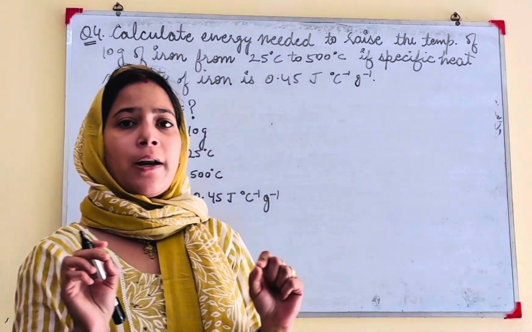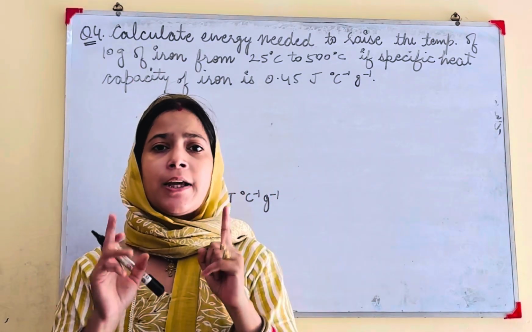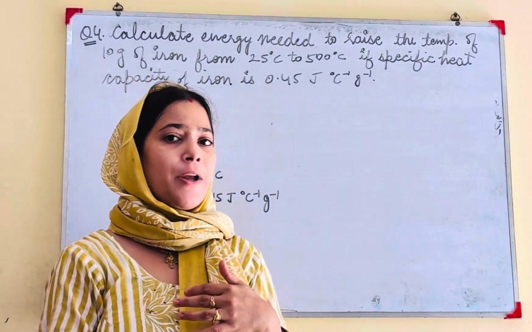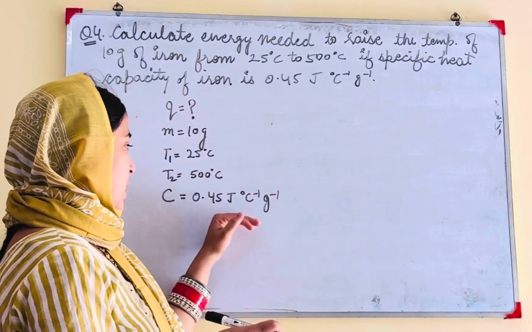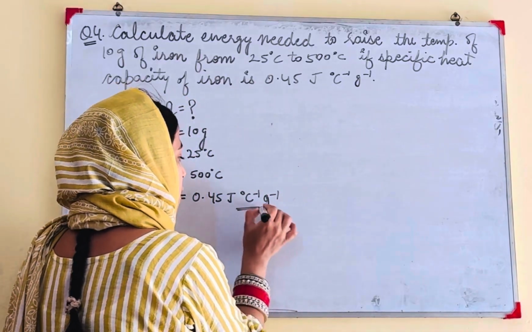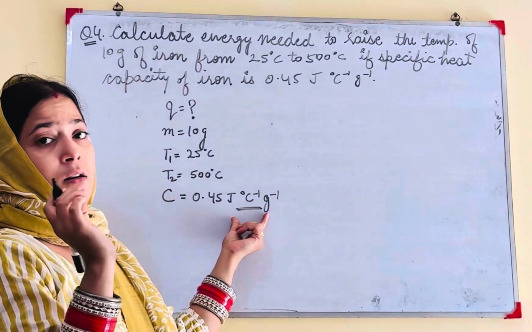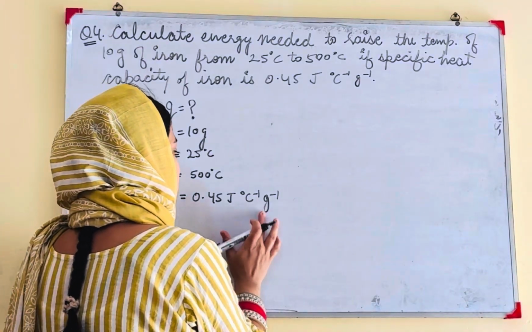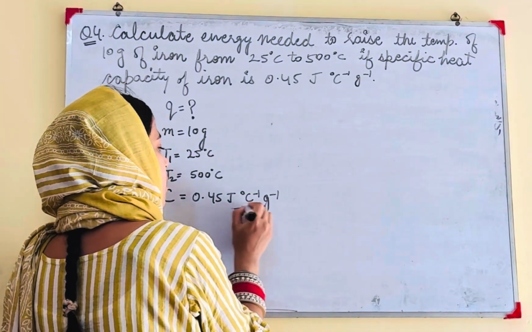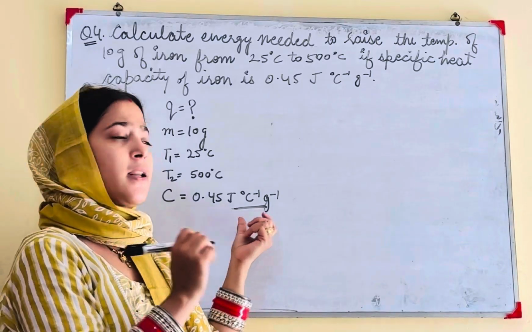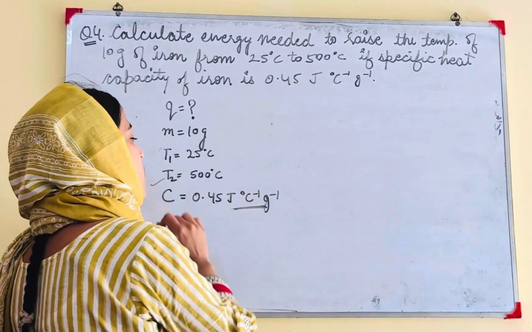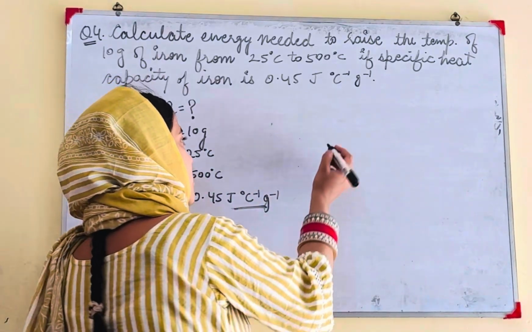As I told you earlier, whenever temperature is given in degrees Celsius, you have to convert it into Kelvin. But in this case, you have to see the units of specific heat capacity. Here it is degree Celsius, so you can use temperature as it is. Now there is a formula.